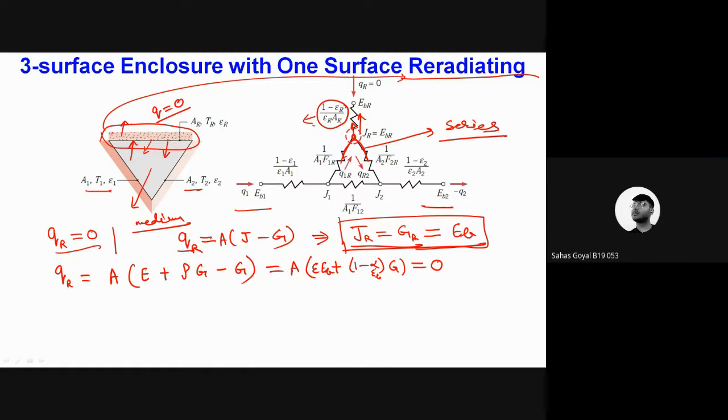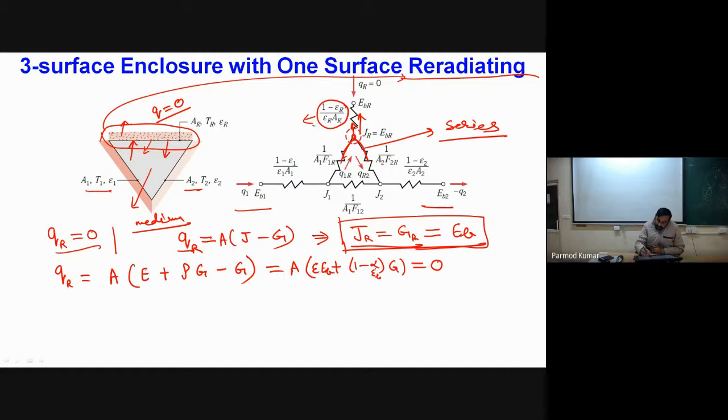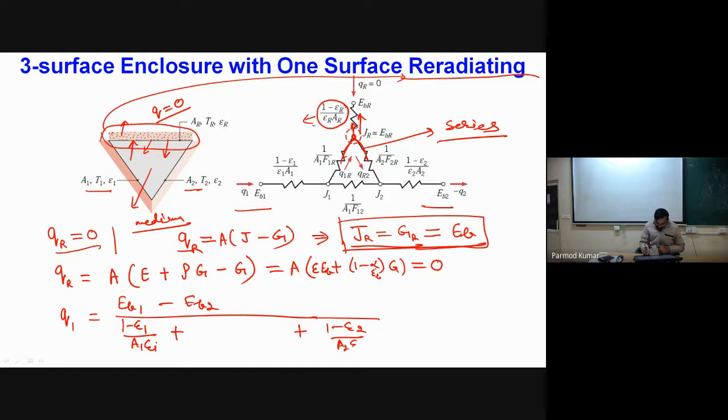Okay, sir. Now if I take these two resistances as series, can you find the equivalent resistance and tell me the final value of heat transfer from 1 to 2? Q1 will be EB1 minus EB2 divided by the resistance: 1 minus epsilon 1 by A1 epsilon 1, plus the resultant of these, plus 1 minus epsilon 2 divided by A2 epsilon 2.